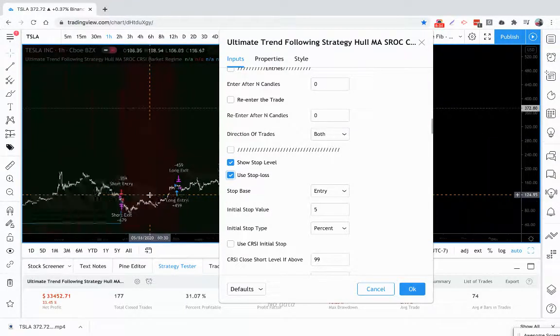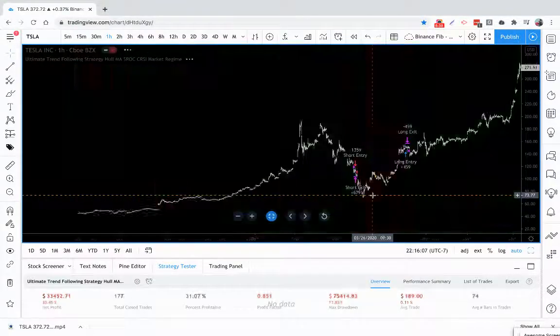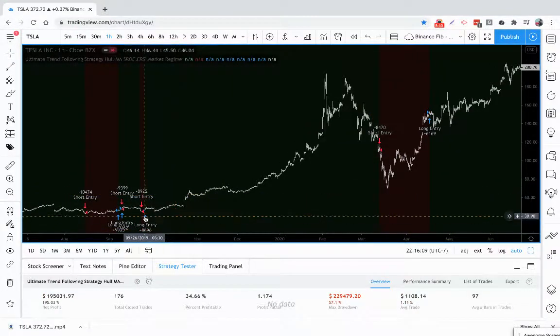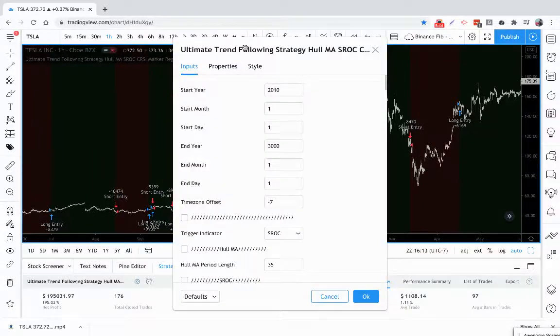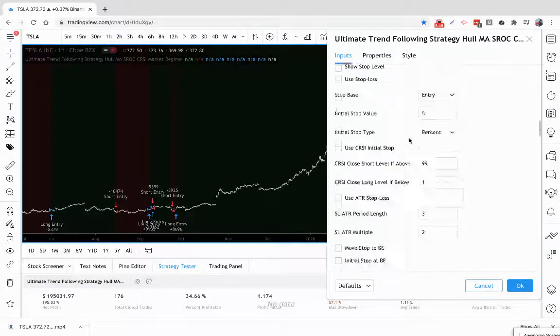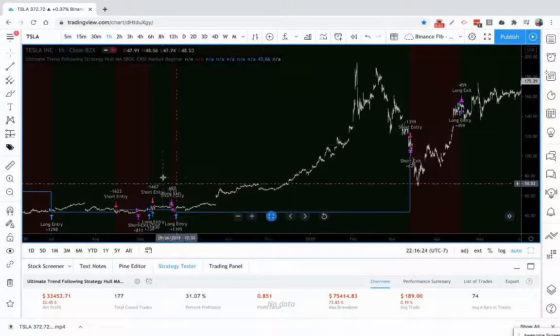And now you'll see, for example, we entered along here. And we're going to show the stop loss. We're going to use 5% from the entry as where we want to place our stop.